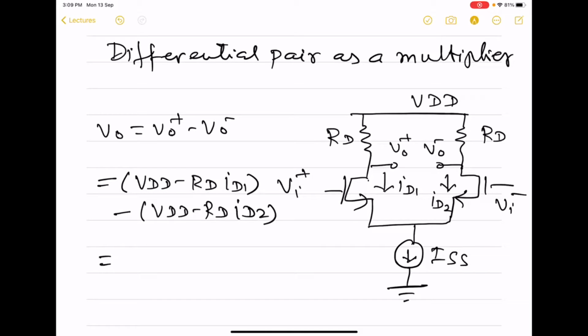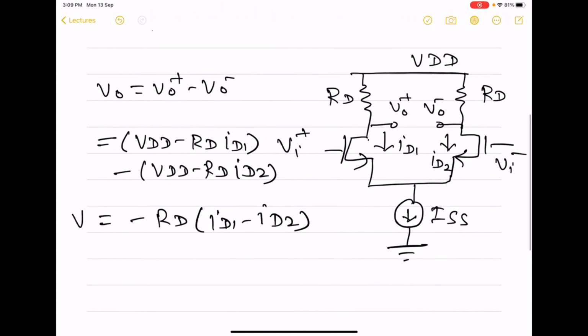So this will simplify to minus RD into (ID1 minus ID2). So this is the output. Here we see that the output is proportional to the difference of the two drain currents.